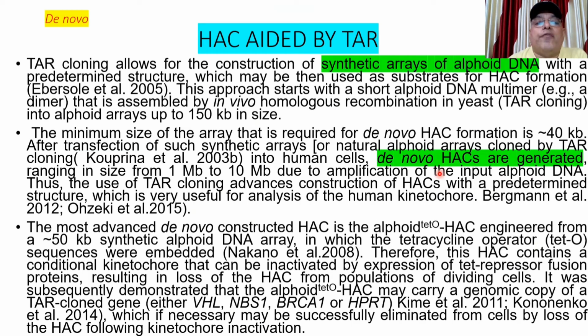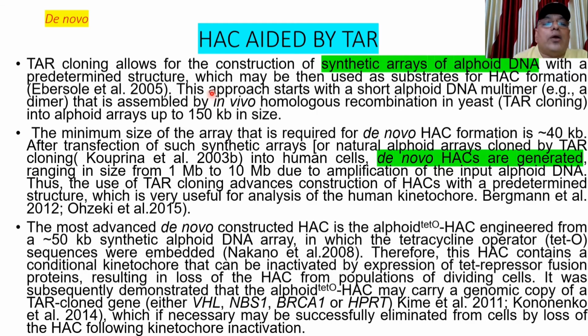So how will we be able to extricate that long stretch of DNA? That can be extricated with the help of TAR. The two hooks of TAR will get recombined to the two ends of the alphoid DNA, and they will bring that alphoid DNA to the desirable system, and that length of the alphoid DNA will act as the nucleus on which multimerization will take place, and ultimately a centromeric characteristic will be imparted.